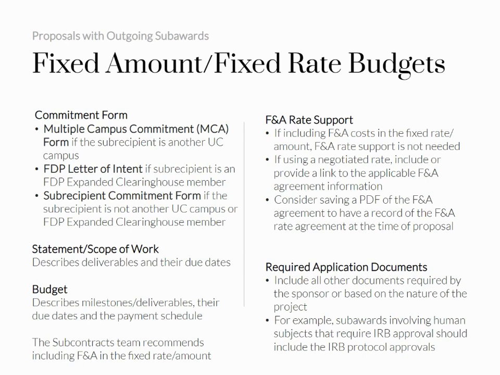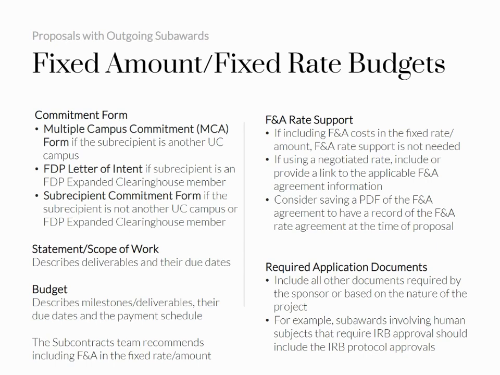Collect a scope of work that describes the subrecipient's deliverables and their due dates. Collect a budget that describes the milestones and deliverables, their due dates, and the payment schedule. The subcontract team recommends including F&A in a fixed rate or fixed amount.